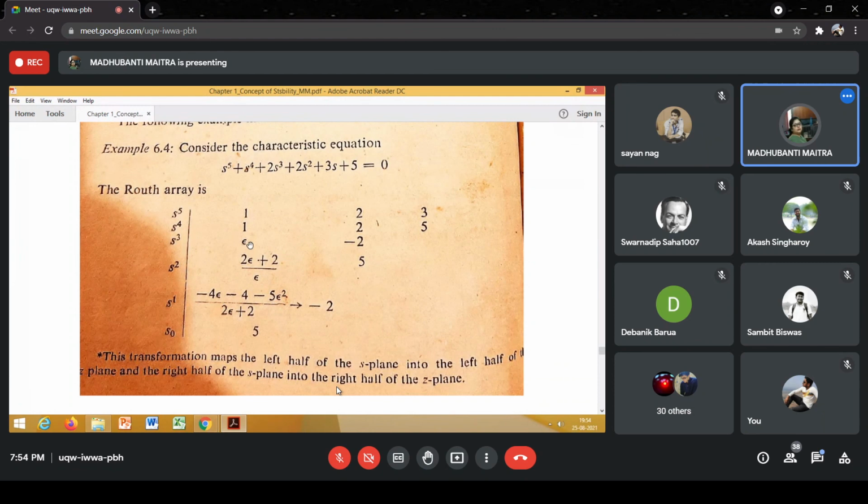Then with that value of epsilon, we can compute the rest of the terms of the Routh table. Then in the limiting condition, when epsilon tends towards 0, considering epsilon to be positive, we'll find the signs of the terms appearing in the first column of the Routh array, and therefrom conclude about the stability of the given system.